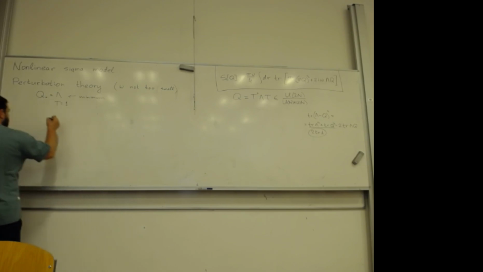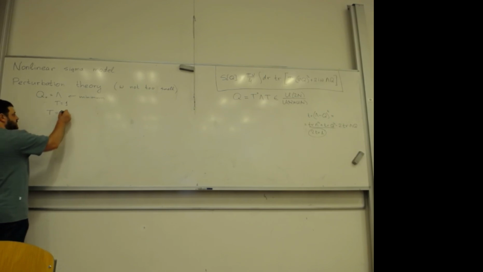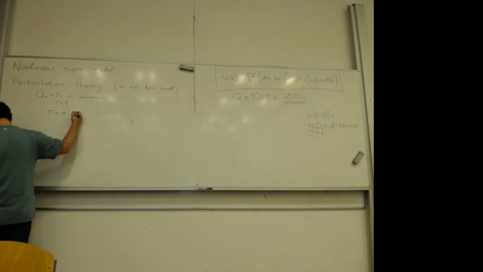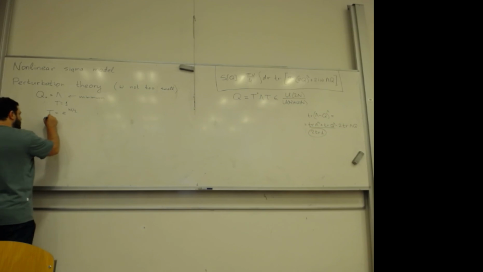And there is a very simple mathematical statement: if you take the exponent of W, I just want to replace the matrix T with the matrix W. T is the exponent of W. T is unitary.